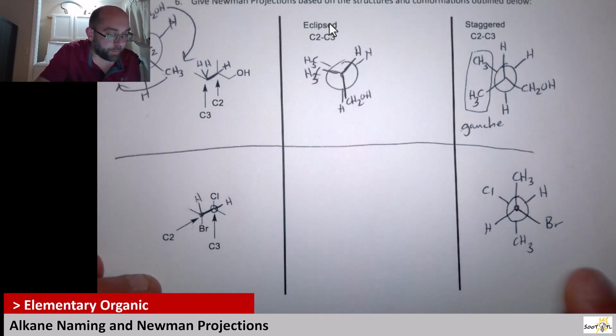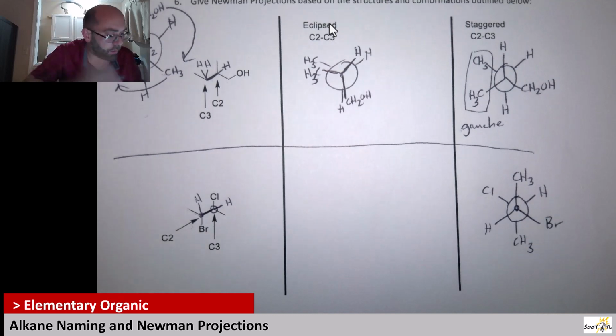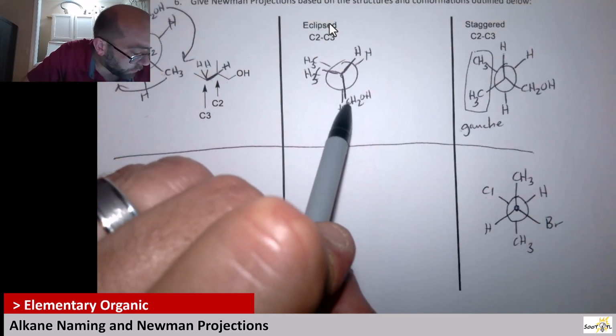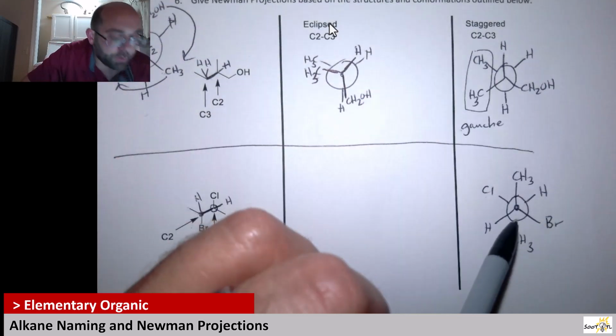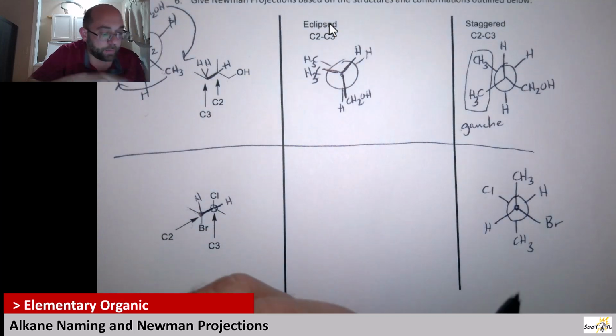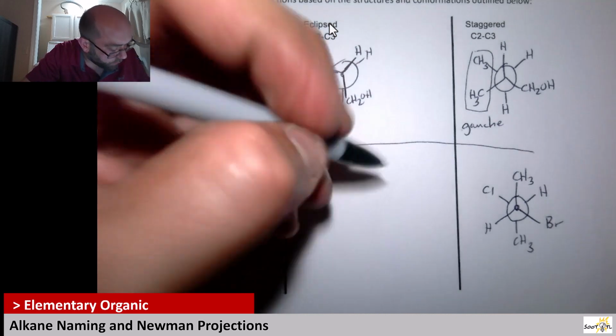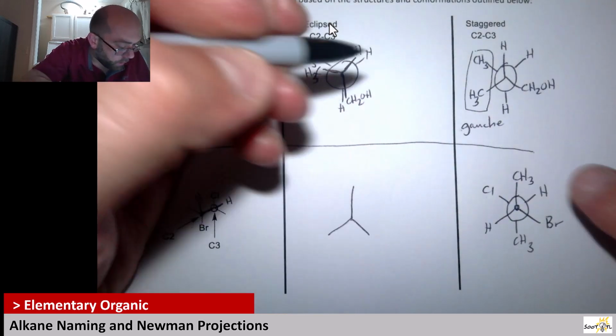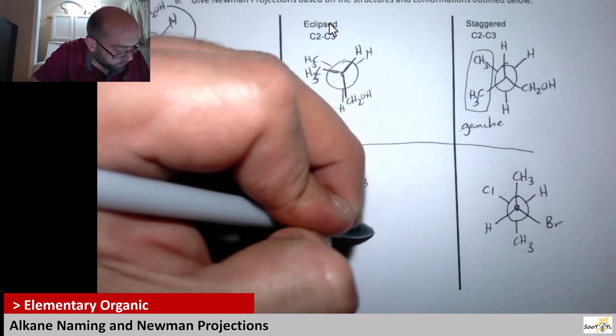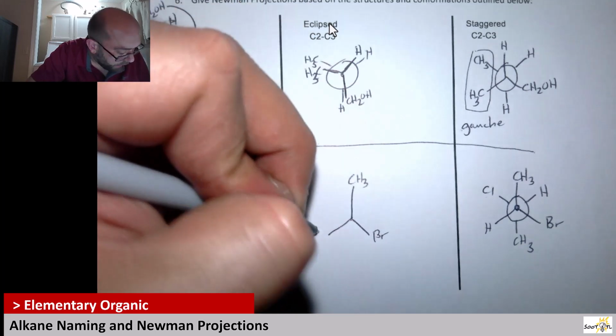All right, so in order to make it eclipsed, just pick one. So I think before, I rotated the front carbon. So now just to give you extra practice, I rotate the back carbon. So that means I'm going to rotate the hydrogen down here. Let me keep the front one the way it is. So methyl, bromine, hydrogen.